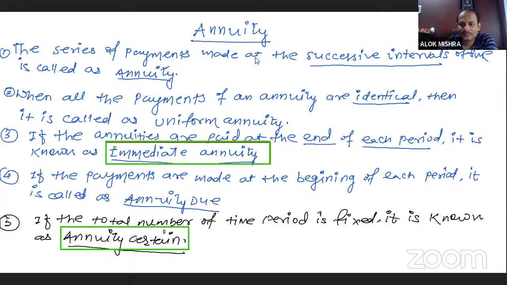Clear for everyone? Now each point that I have written over here is basically one question. For example, if I ask you in the exams, if the total number of time periods is fixed, then it is known as dash. If the payments are made at the beginning of each time period, then it is called as dash.